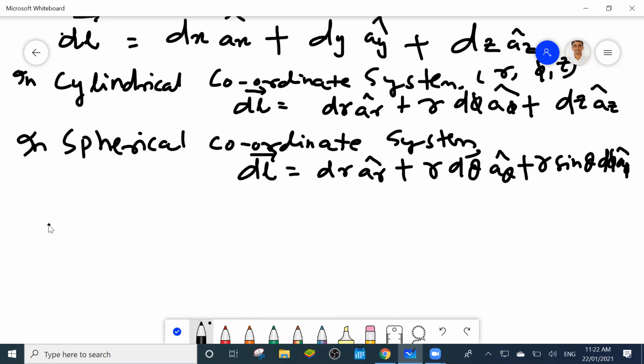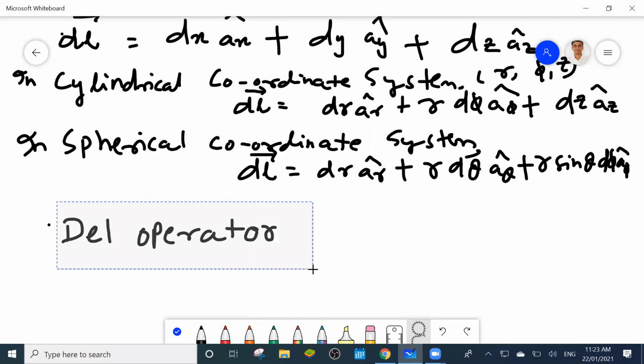Okay. Now I'll discuss the del operator. Del operator you know. The various operators: del, curl, divergence. If you know the vector elemental length, then only you can find out all the operations.